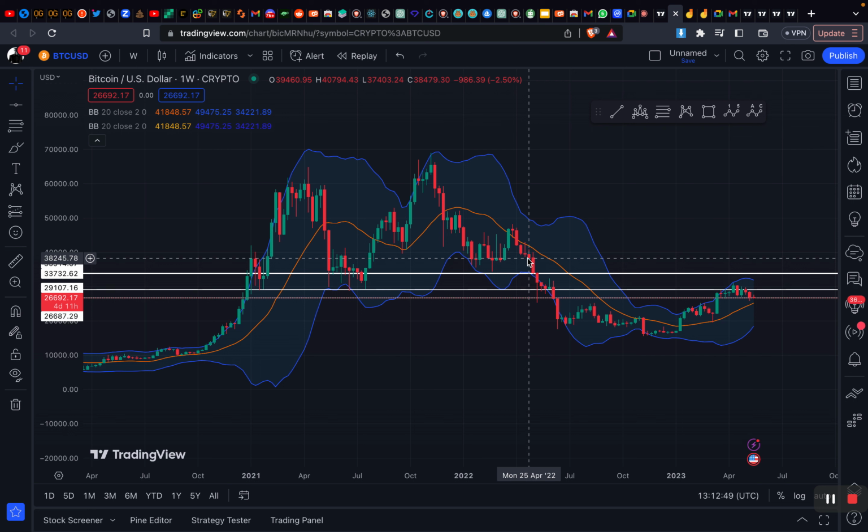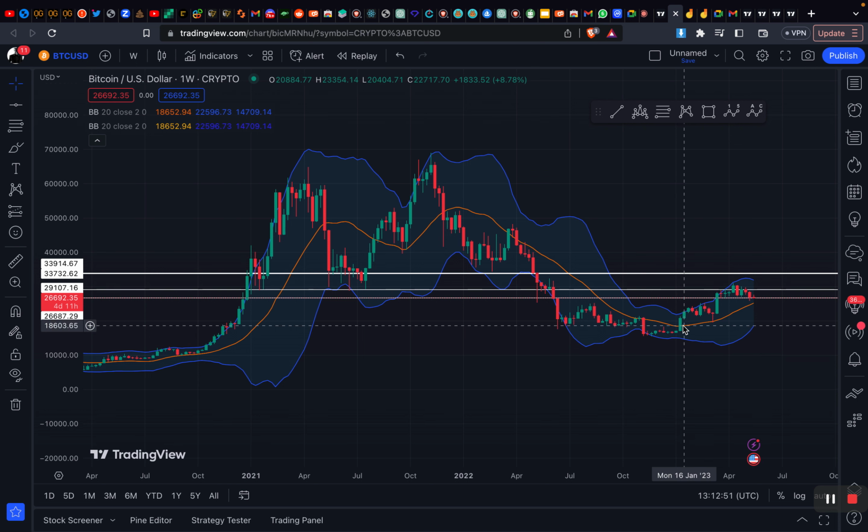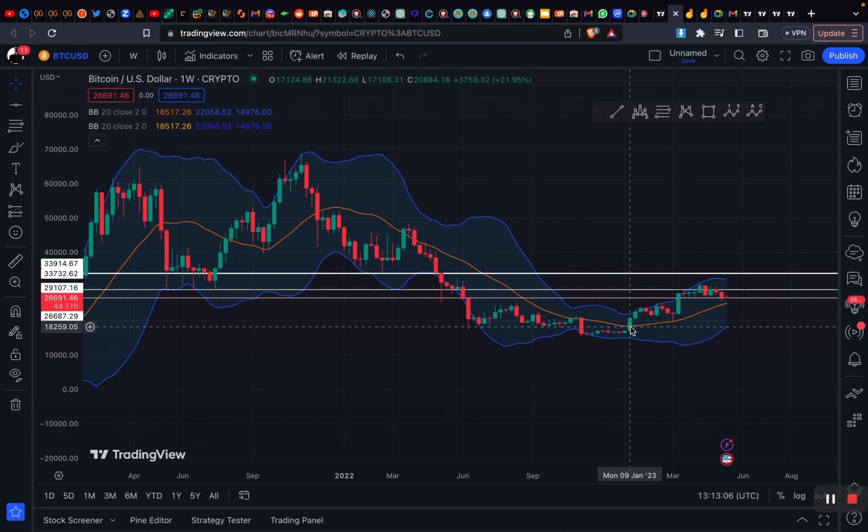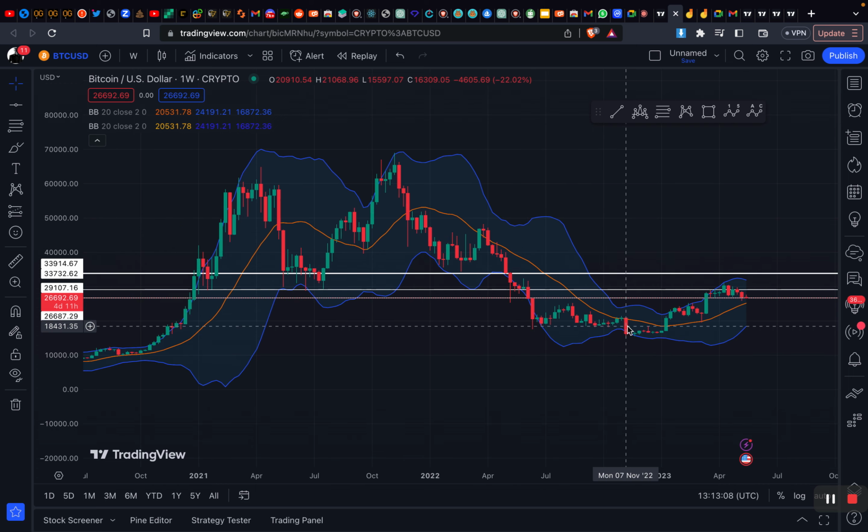Whenever the body of a candlestick breaks through the moving average, most times there is a very good uptrend for that coin. So you can see the body of this candlestick is what broke through this moving average here.